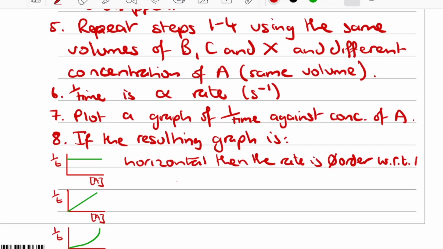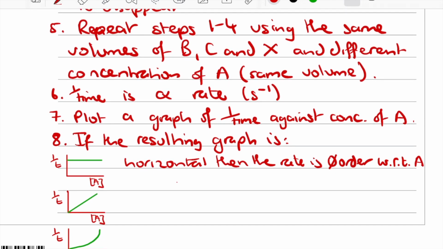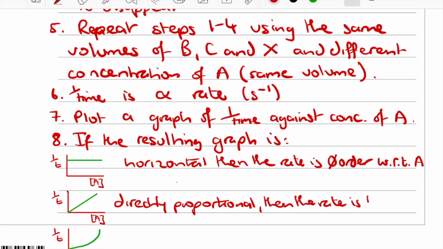Okay, so with respect to A, if it's directly proportional, then the rate is first order. And you should be spelling out this with respect to A.